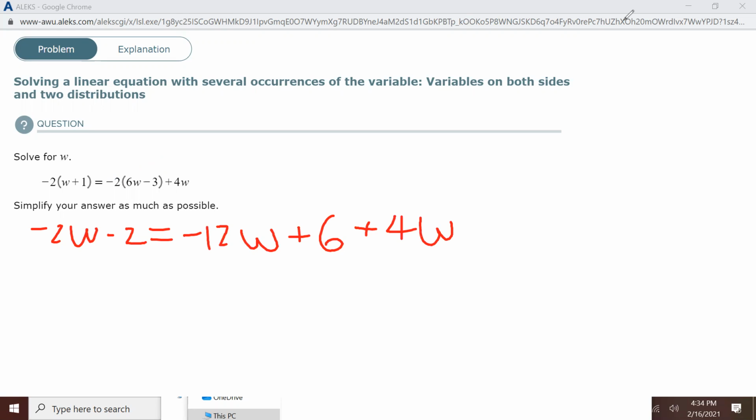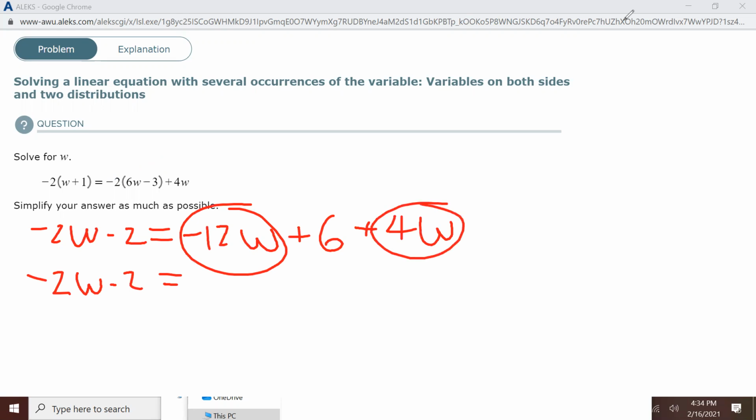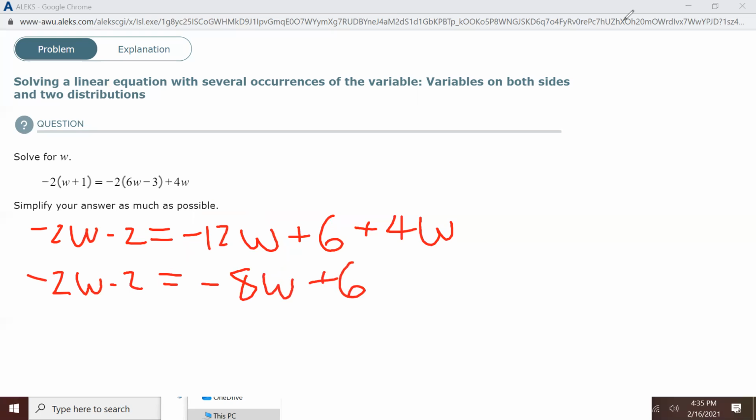Now let's combine like terms. On the left side of the equation, there are no like terms. But on the right side of the equation, there is the negative 12w and the 4w, which combine to make negative 8w. And the plus 6 follows along without a change. Now, this problem is just like the last one we did.